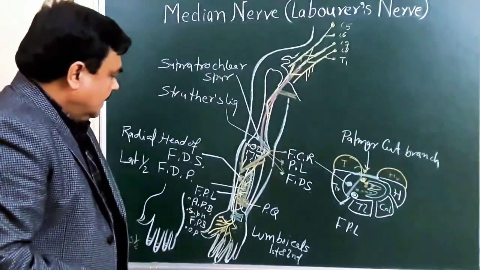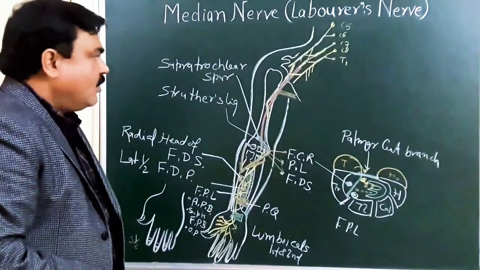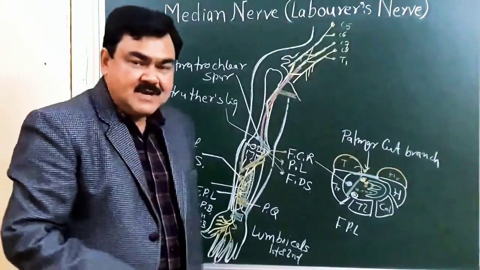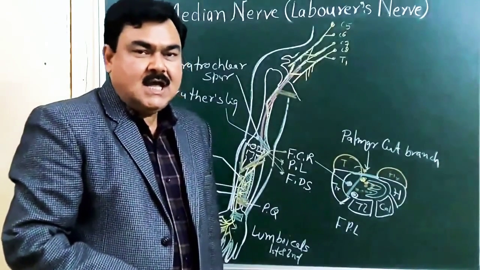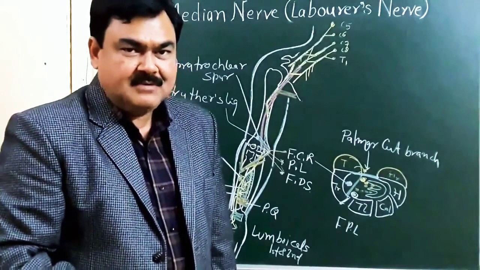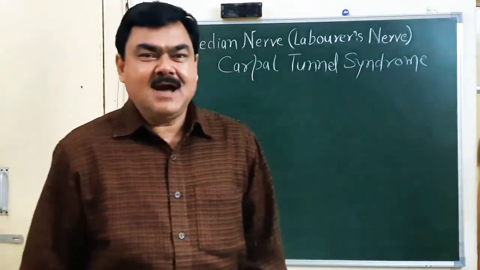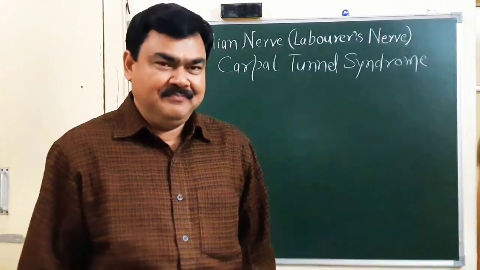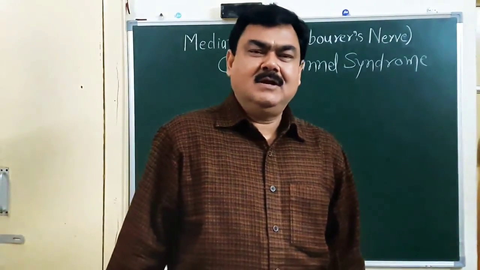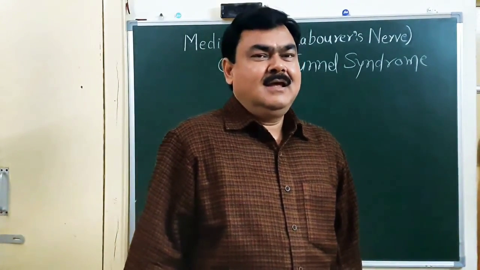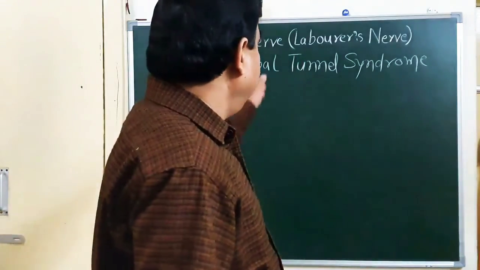So this is all about the formation, course and distribution of the median nerve. Now let us discuss carpal tunnel syndrome, a very important clinical aspect of this median nerve.